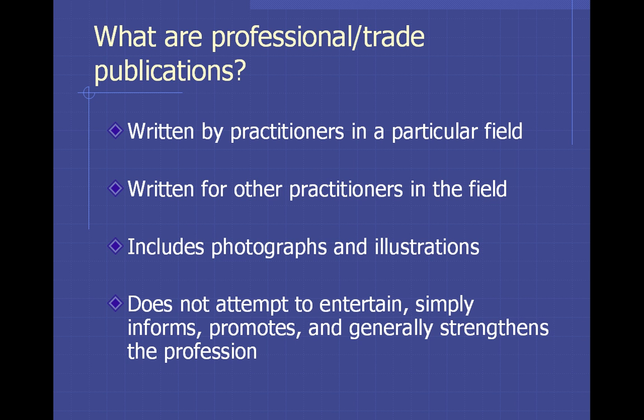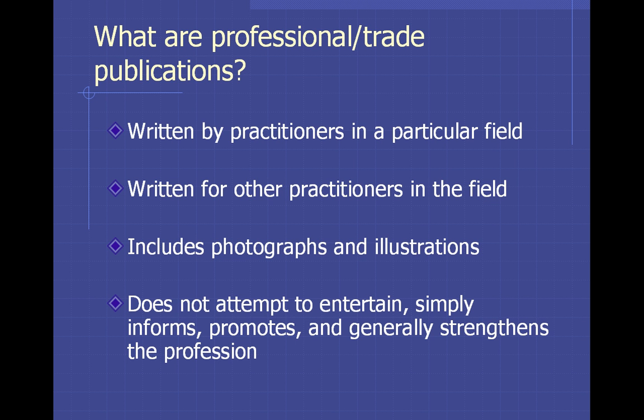The next type of publication that we're going to focus on is called a professional or trade publication. These are publications that are usually shorter articles, and these are written by practitioners in a particular field.